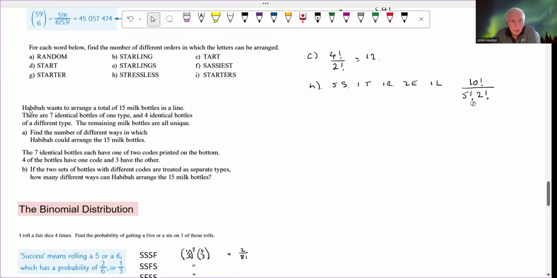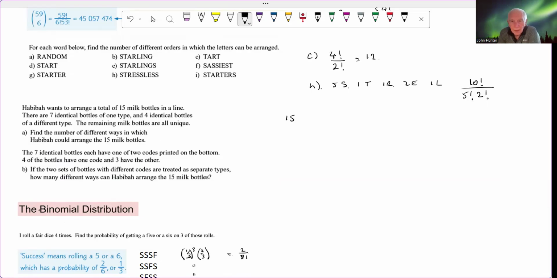Let's have a look at this. Habiba wants to arrange a total of 15 milk bottles in a line. There are 7 identical bottles of one type and 4 identical bottles of a different type. The remaining milk bottles are all unique. Find the number of ways. All right, so there's 15 milk bottles in a line.